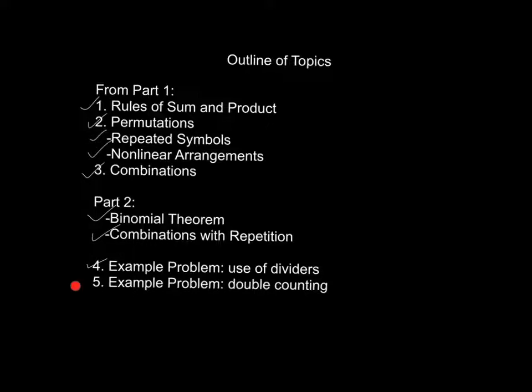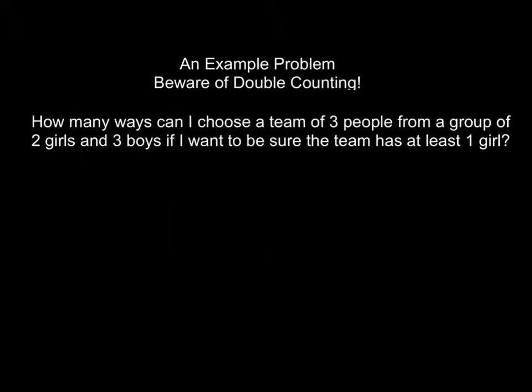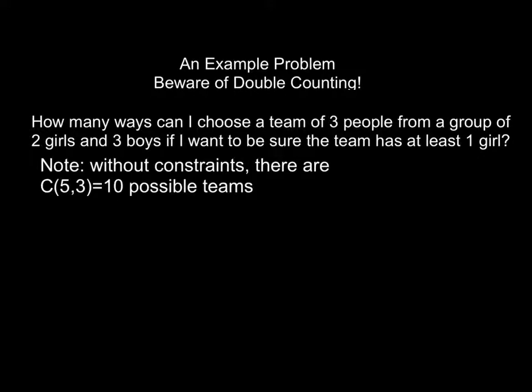So our last topic will be the dangers of double counting. So our example problem for double counting is, how many ways can I choose a team of 3 people from a group of 2 girls and 3 boys if I want to be sure the team has at least 1 girl? There are a couple of ways that this can be done, but let's just take a quick note.